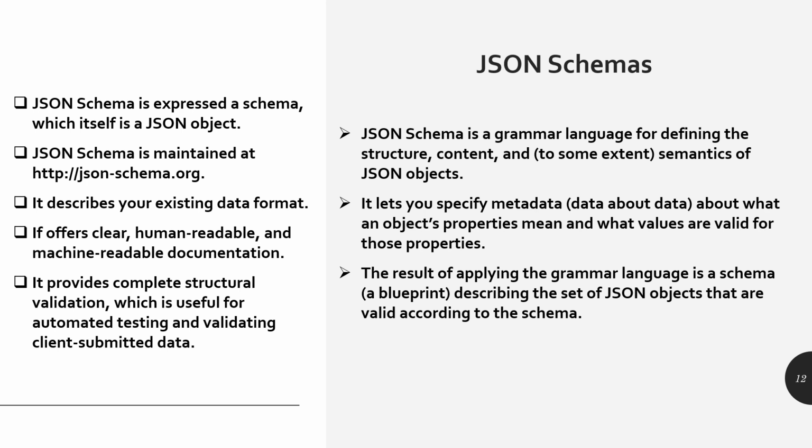Similar thing, a grammatical language for defining the structure, content or semantics of JSON objects is known as JSON schema. It allows to specify metadata about what an object's properties mean and what values are valid for those properties.